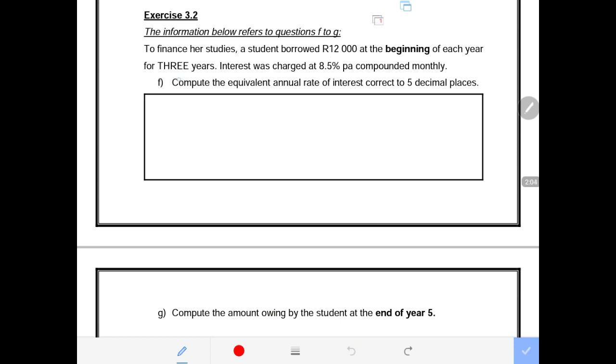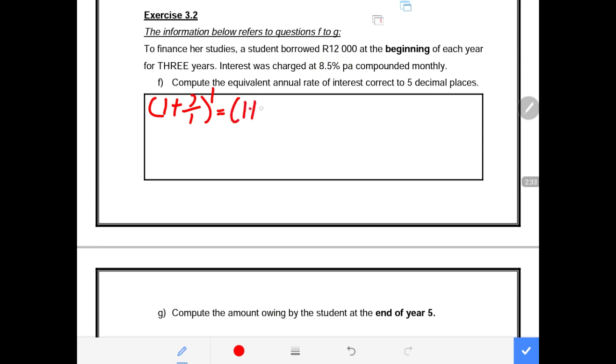Let us begin with number F, where we first calculate the equivalent annual rate of interest. The formula says 1 plus j over 1, to the power 1, because annual is once in a year, equals, we are converting from the equivalent rate, which is 8.5% compounded monthly.